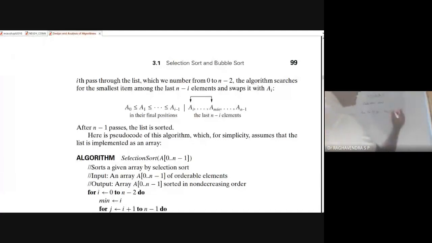Then we have the next element, that is ai, and so on up to a min, and so on up to an minus 1. This is the next part we have to do: we have to identify the smallest among them. Once the smallest element is found, we shift it to this region, and the bar goes to the next position. So this is how the logic of the selection sort works.